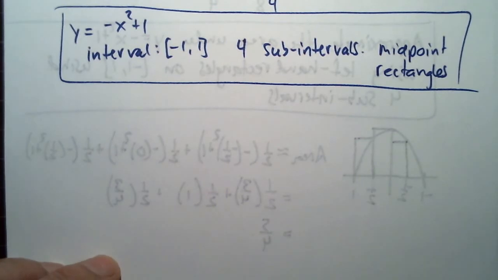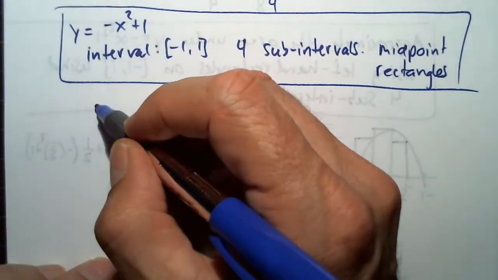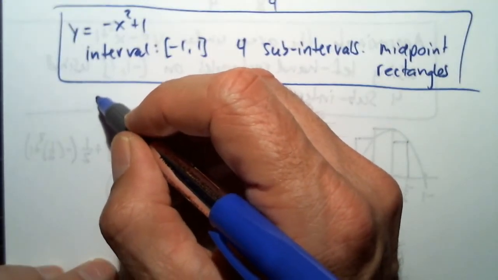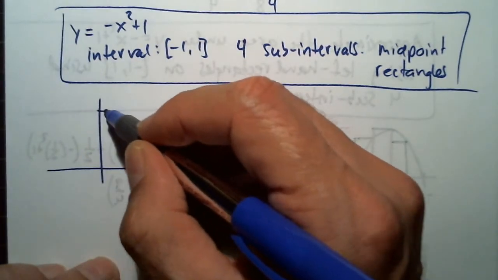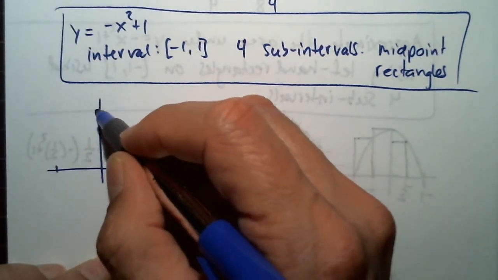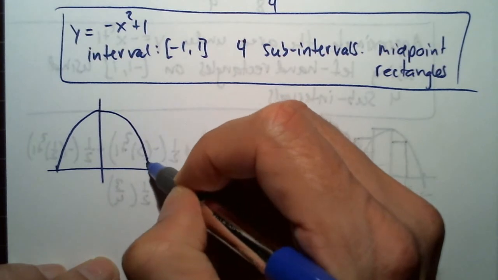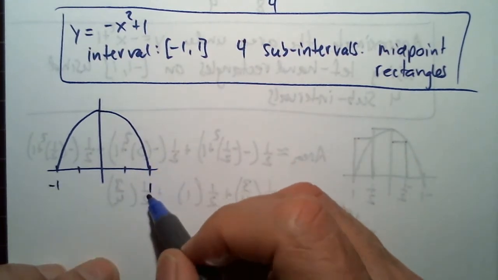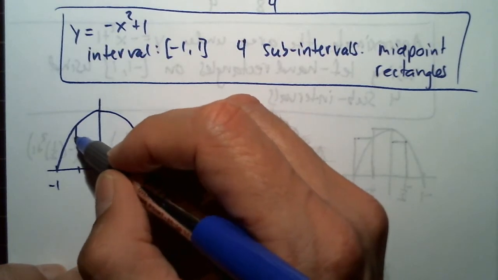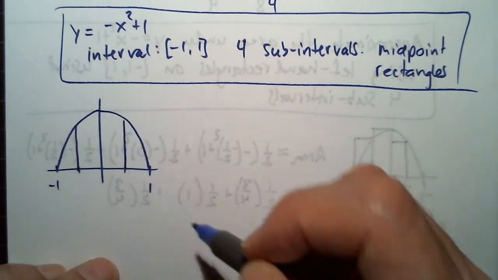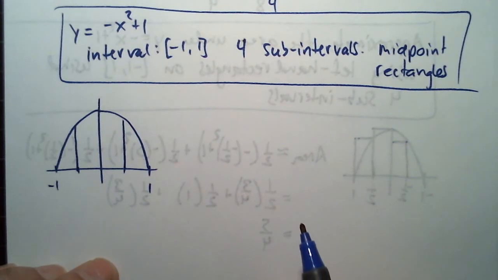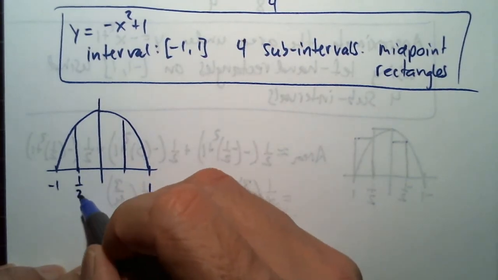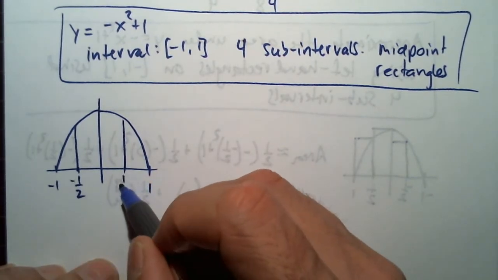Alright, here's another strategy of creating the rectangles. Four subintervals. But now to find the height, we have to use the midpoint of each subinterval.